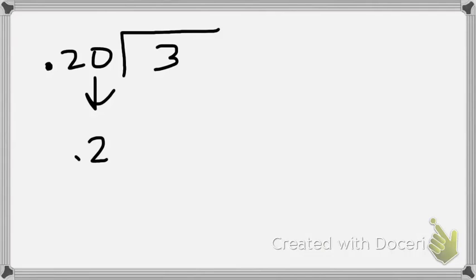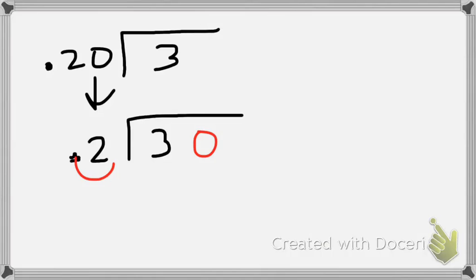But this is just going to be 0.2. And that's what 20% is as a decimal. So I move this over 1. And I add a 0 and add my decimal point over 1.